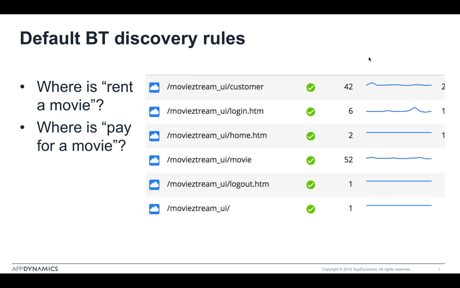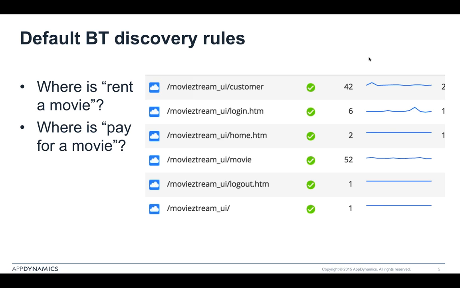If you create your custom BTs, it's going to be easier to find problems when they occur. I'll show you some examples of that. Probably easier than if you stick with the default rules.